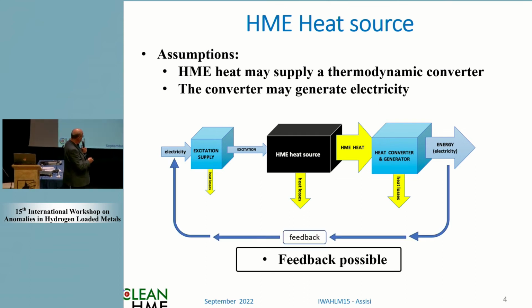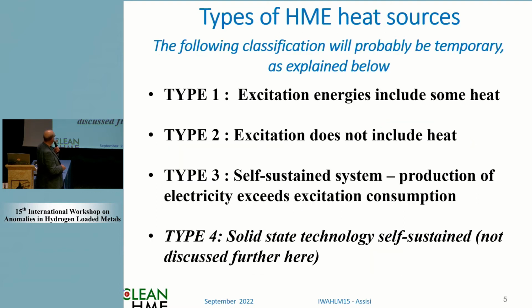And if you produce electricity, of course, you can feed back some of this electricity to the entrance to excite more reactions. Fine. Now, there are several ways to do it, and this is what we are going to discuss now.